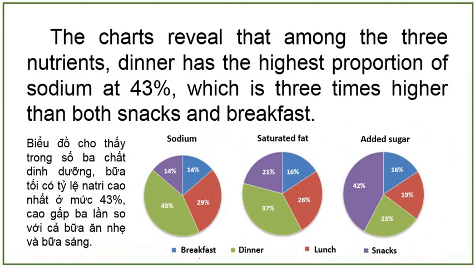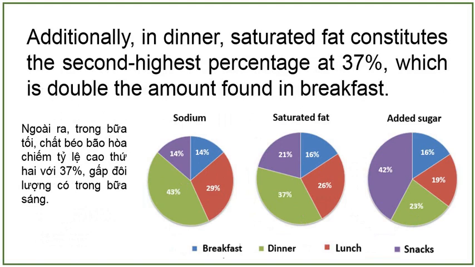The charts reveal that among the 3 nutrients, dinner has the highest proportion of sodium at 43%, which is 3 times higher than both snacks and breakfast. Additionally, in dinner, saturated fat constitutes the second highest percentage at 37%, which is double the amount found in breakfast.